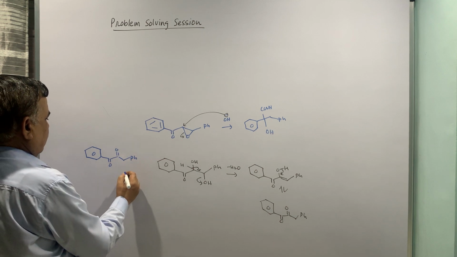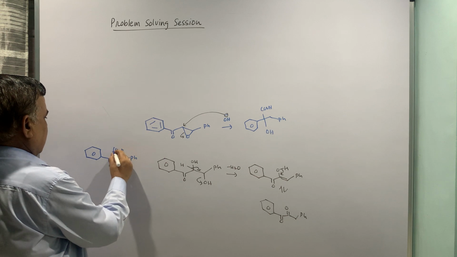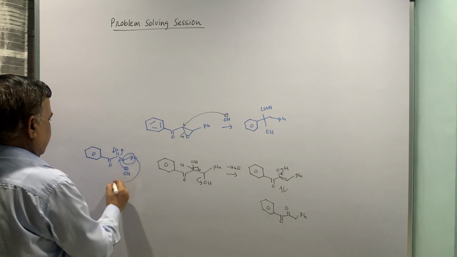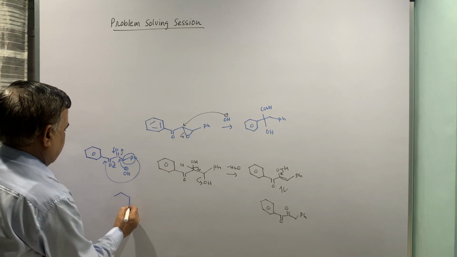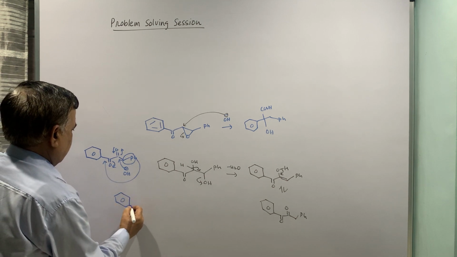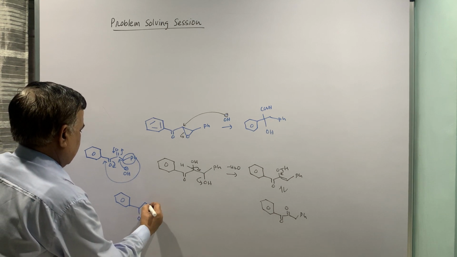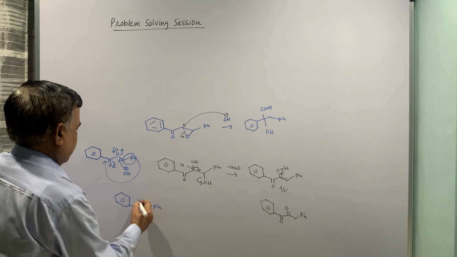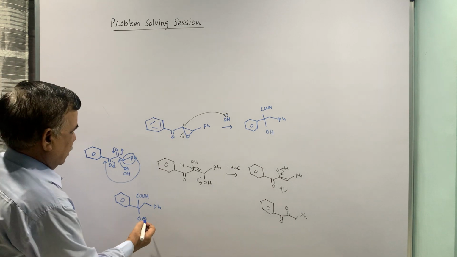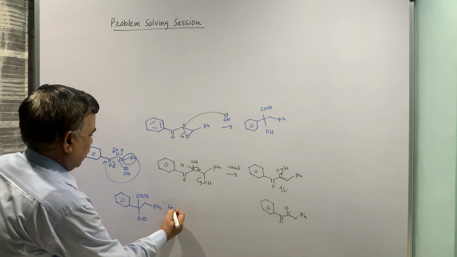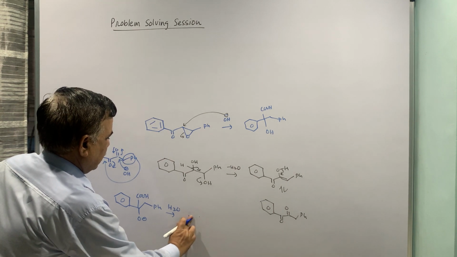CH2Ph, we can show that this is getting attacked and the CH2Ph is moving here, attacking at this carbon. So, this becomes CO, this becomes O minus, CH2Ph, COOH. This eventually takes up a proton from water, and you can directly put the target molecule.